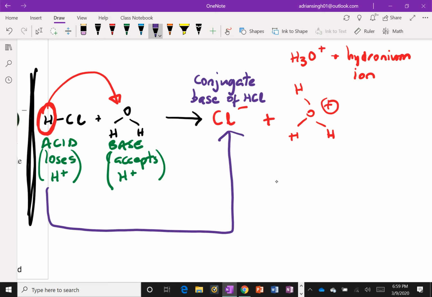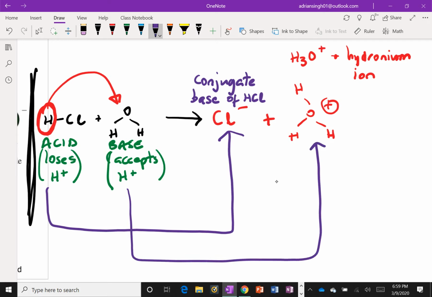Right? You can probably identify the other pair in this. The other two things that are related are the H2O and the H3O plus, right? The H3O plus forms as the H2O accepts a proton.